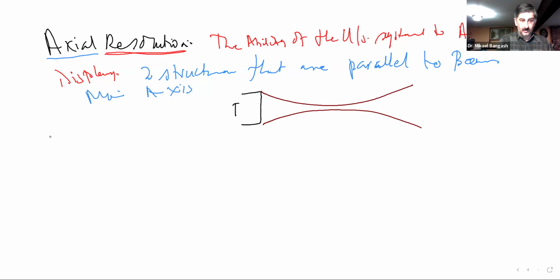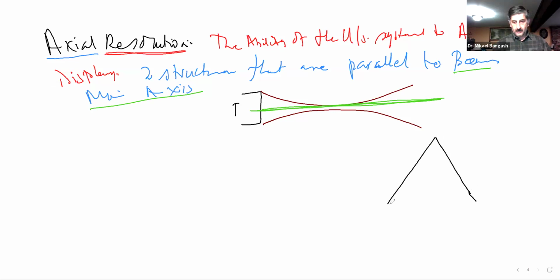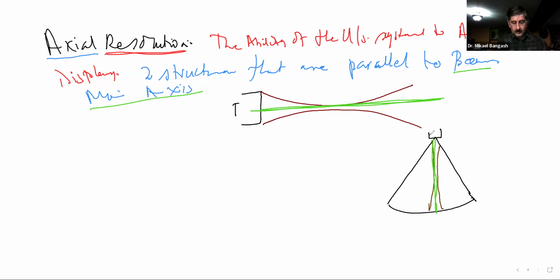But we can mainly say, if this for instance was your beam, then this here is the beam's main axis. On a scan, this here is our scan. This is where we have our transducer. At this instant of time, this is our beam. So this is going to be the beam's main axis.